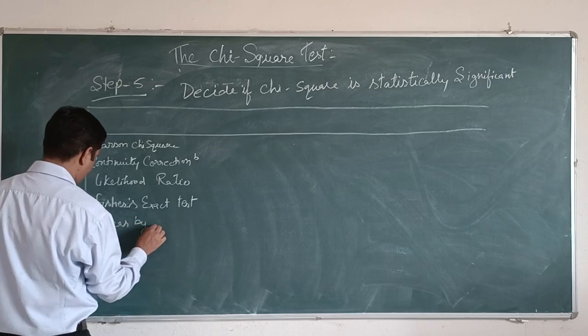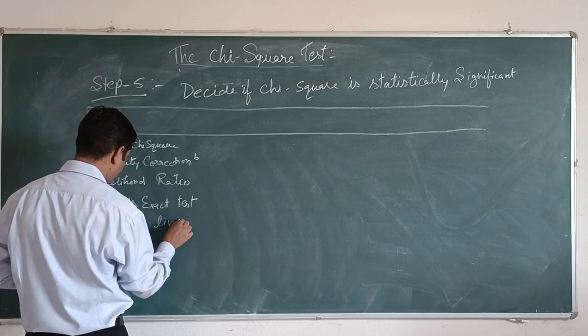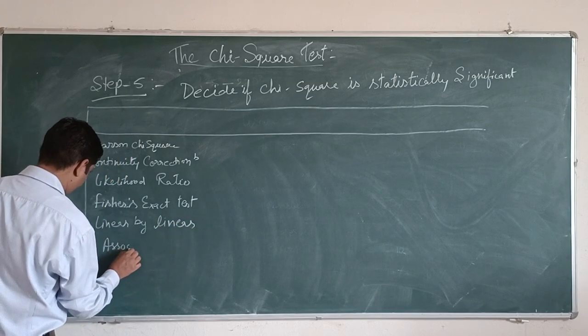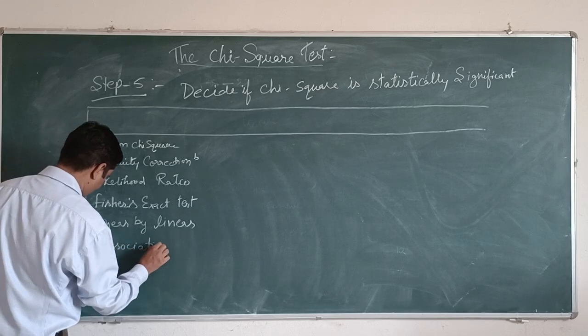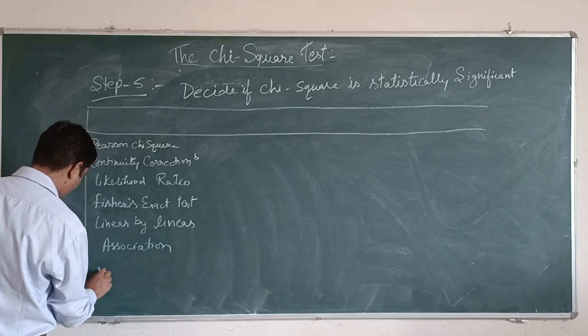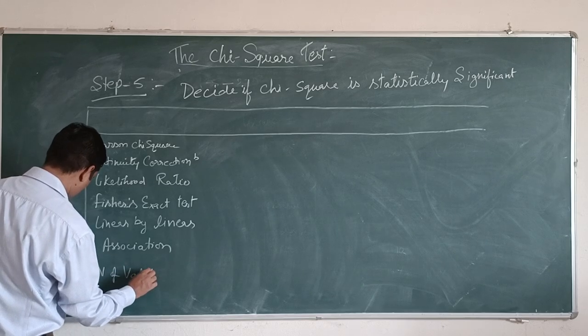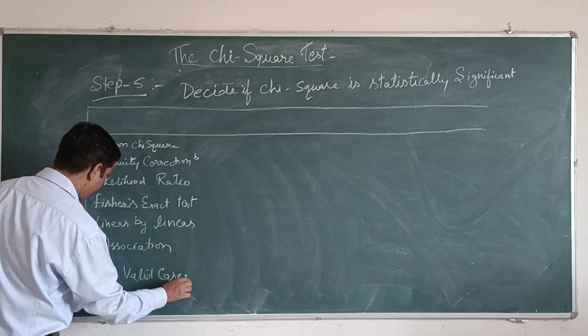Linear by linear association. And last one is N of valid cases.